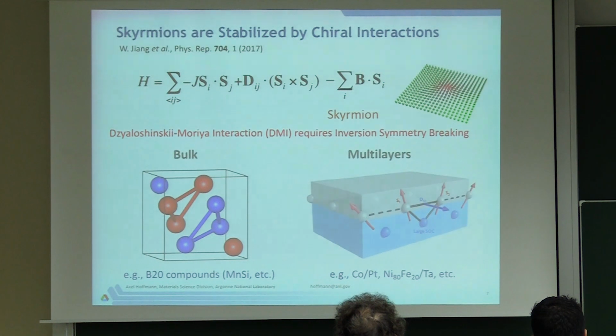And this has been shown now in many different systems. Some of the first ones were iron and iridium, cobalt, platinum, permalloy, tantalum. You can combine anything with anything and you get something interesting almost.